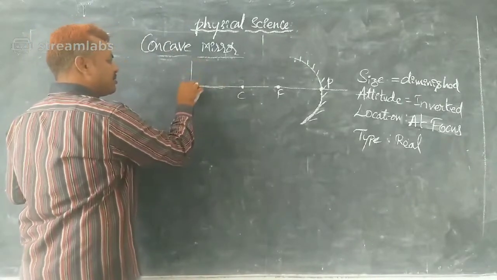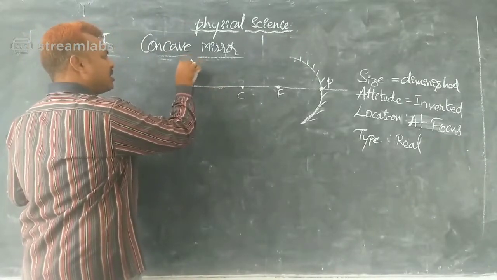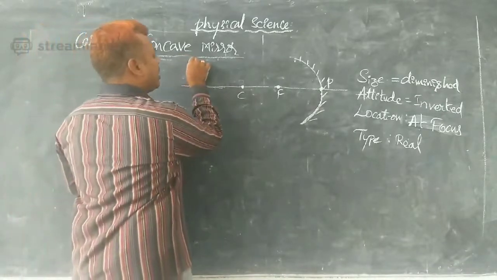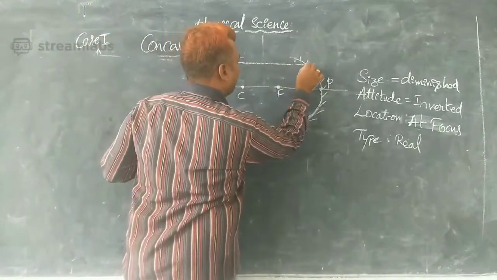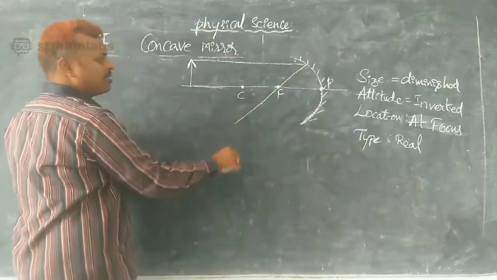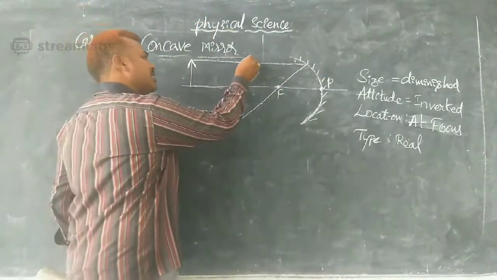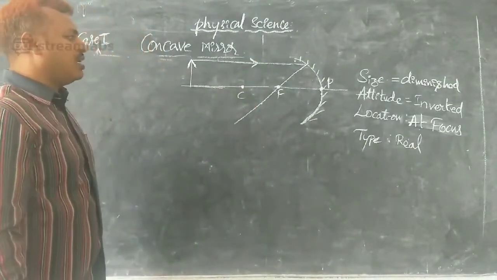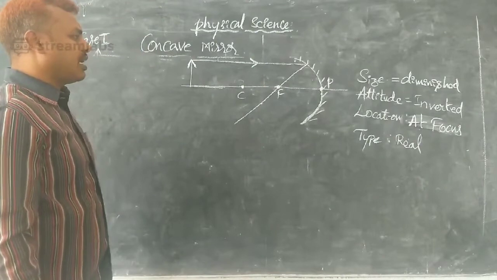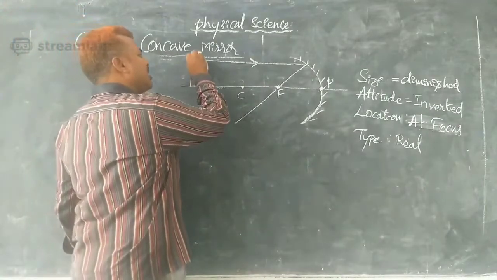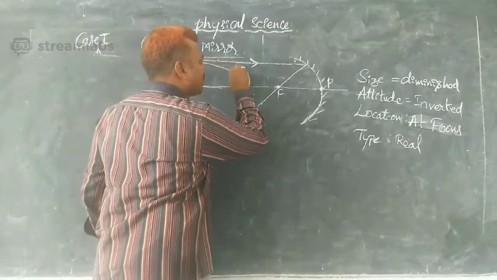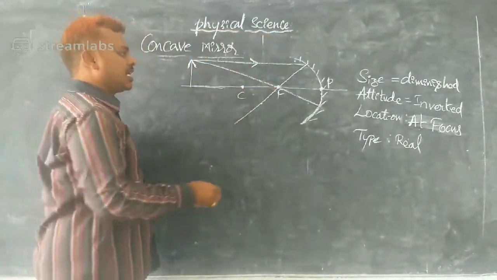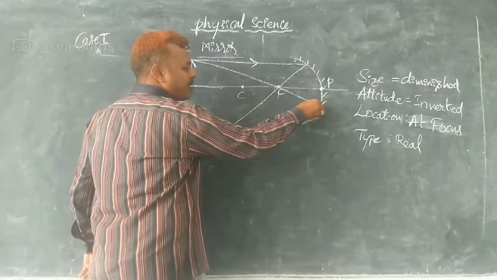The object is placed beyond the center of curvature. Now what happens? The light ray travels and hits and comes back. So one light ray, I draw that, and there is one more light ray which is going through the focus, falling on the surface and coming back from there.